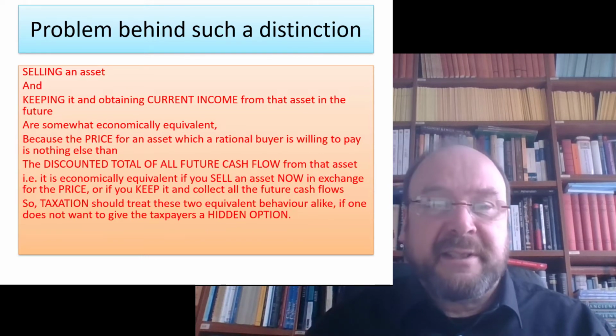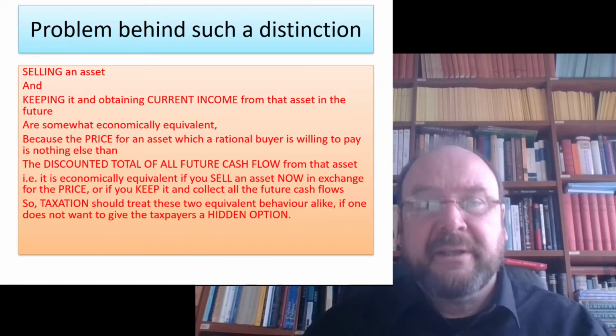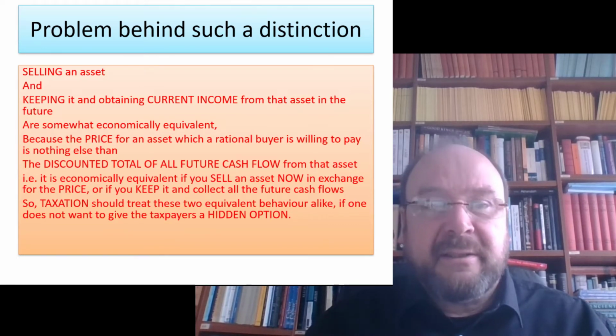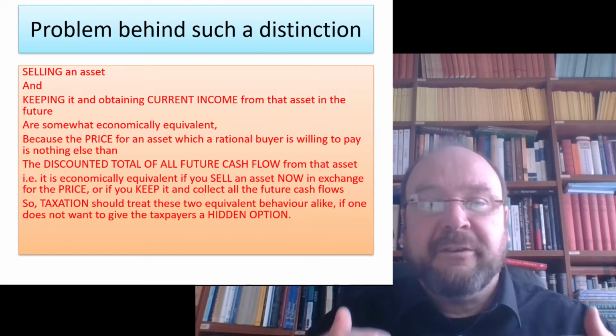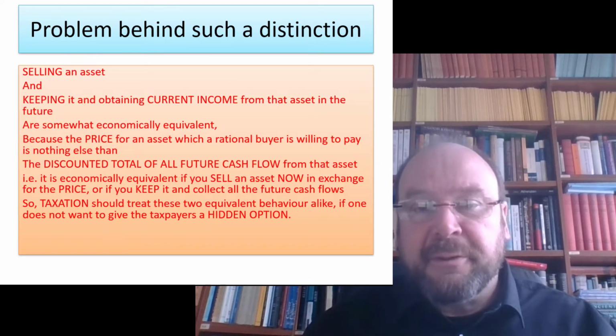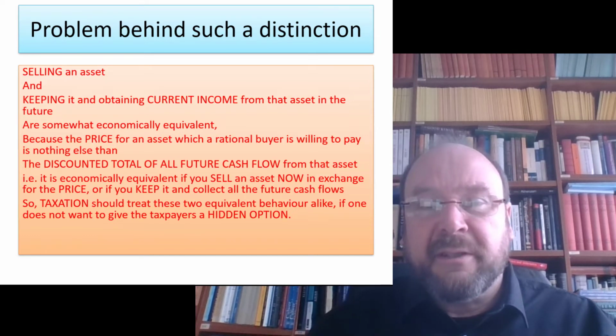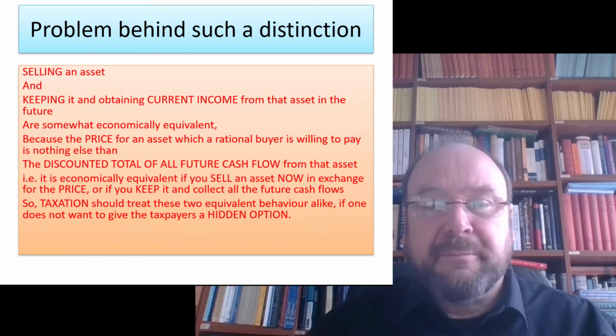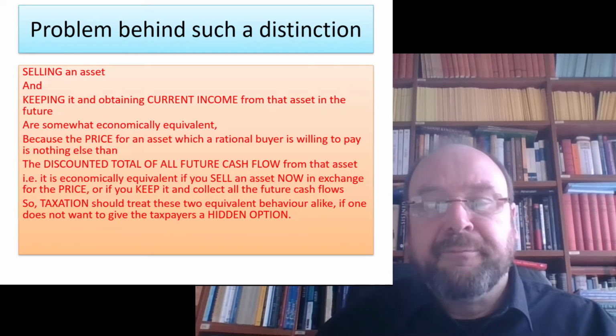You know, if as a taxpayer you have a choice, you will always try to opt for the cheaper version. And that means that a good legislation should always avoid such economically equivalent choices. Well, so if we look at the rules in Article 13, one of the criteria to form an opinion on whether they are good or bad should be whether they lead to an equivalent outcome between selling and current use, current income.